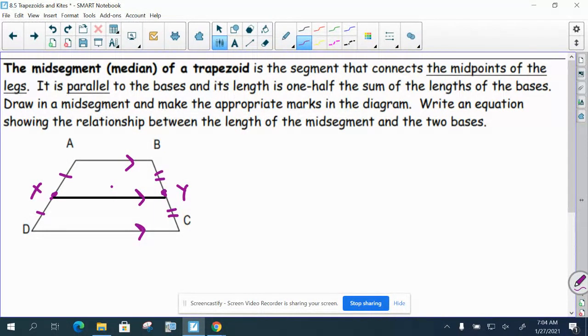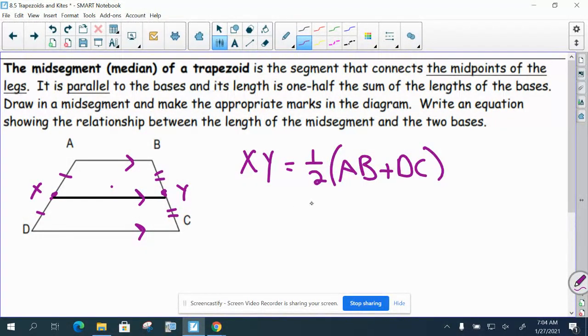And they said it's 1/2 of the sum of the lengths of the bases. So here's a little equation we could set up. XY is equal to 1/2 of AB plus DC, that is, add up AB and DC and multiply by 1/2 or divide by 2. Another way you could write this is AB plus DC over 2.